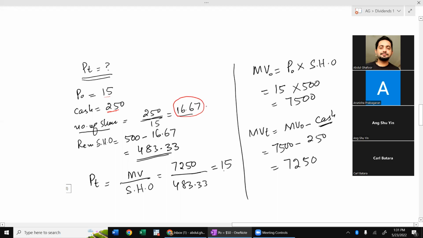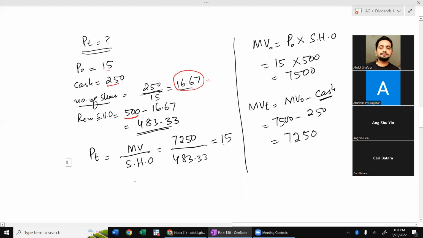These are the number of shares we can buy. So how many shares are left? 500 are the total shares, 16.67 we will buy, and remaining are 483.33.